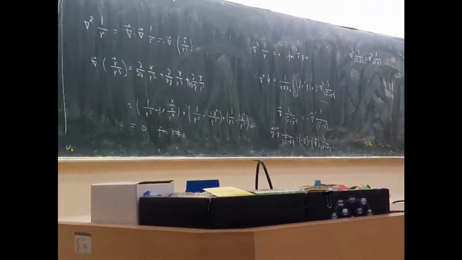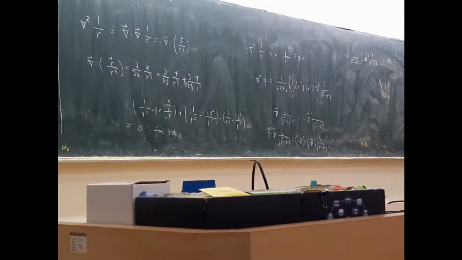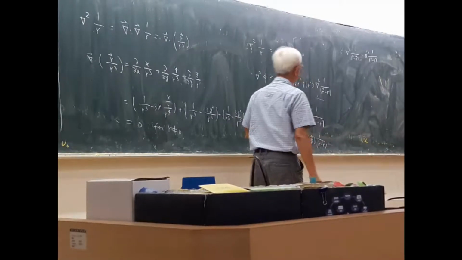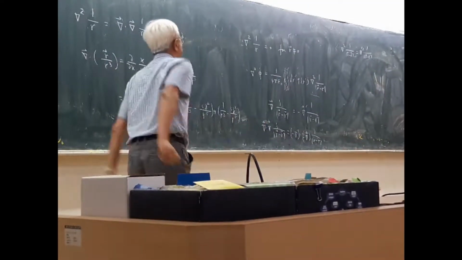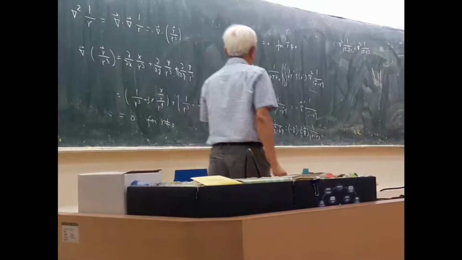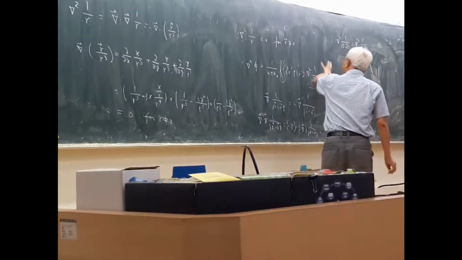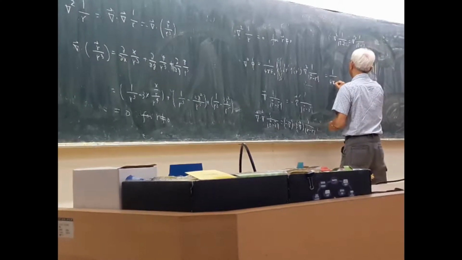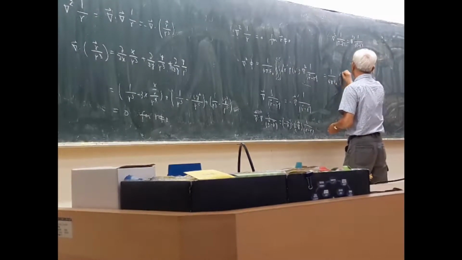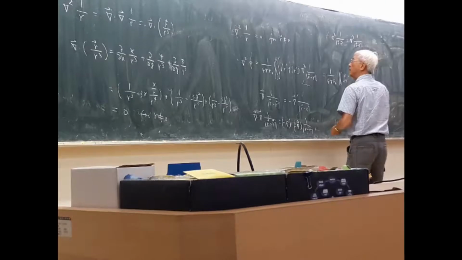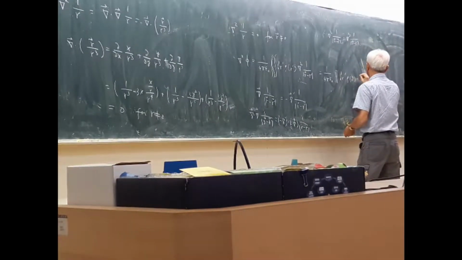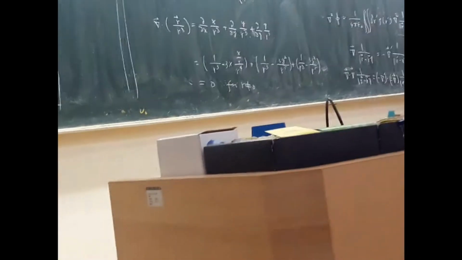It's symmetric. You get one minus sign, you get another, twice, so you get the same sign. Okay, so we can convert this into rho of r prime times the Laplacian.